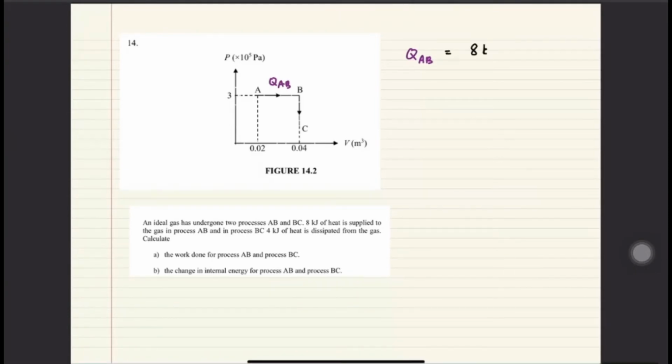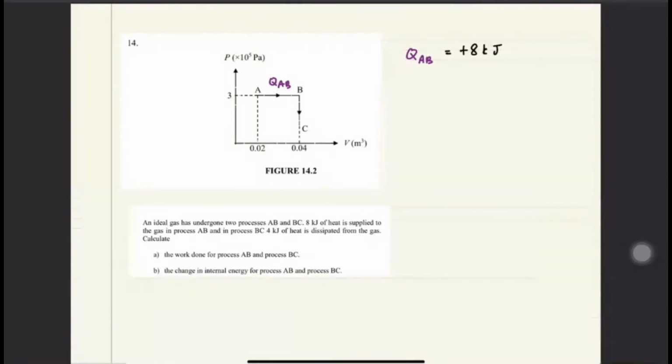Is it positive or negative? Gas to absorb ke release? Absorb. Kalau absorb, is it positive ataupun negative? Positif. Yes, very good.